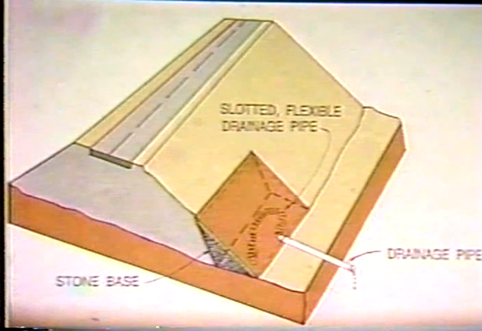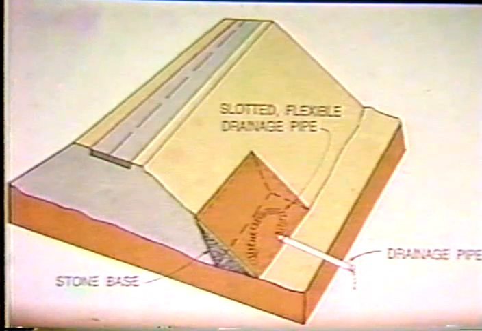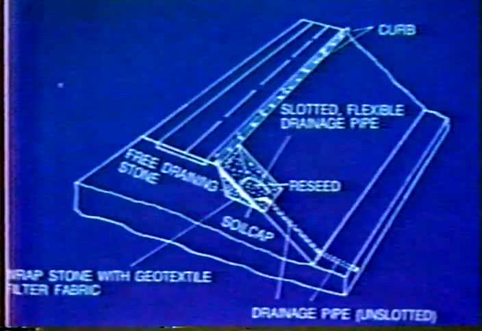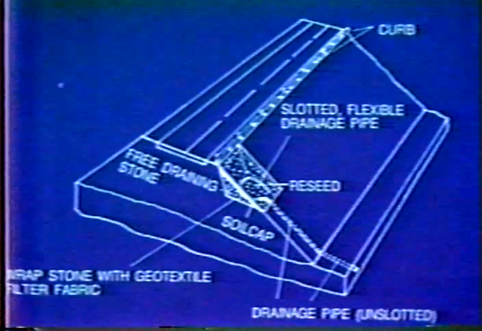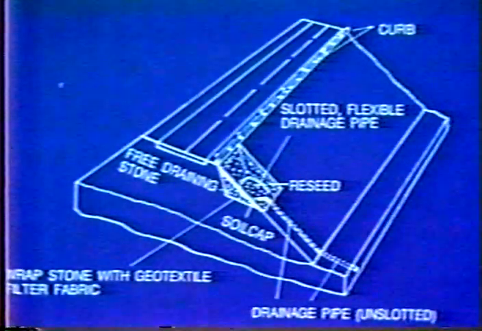Here again, you're using a good strong stone with almost no fines in it, putting in some type of slotted pipe, and you may have to run an unslotted pipe from that point on out to get the water out and keep the stone drained. And that can be very effective in repairing small landslides. Same thing can be applied where you have a small slump at the top of the field. Again, use the same technique.